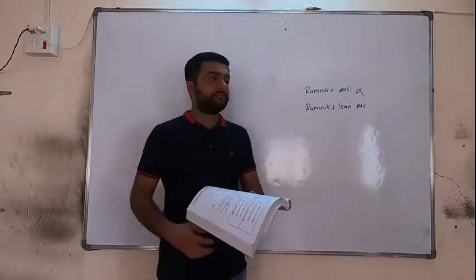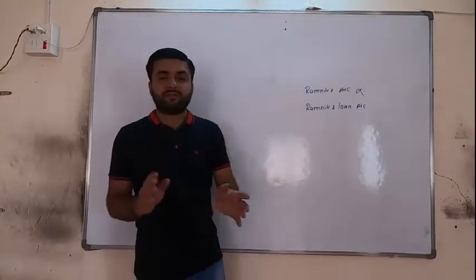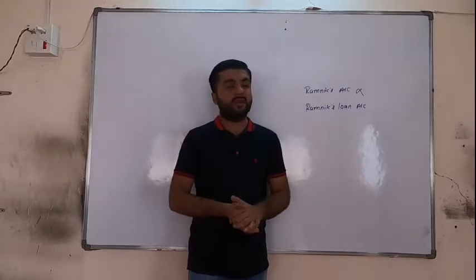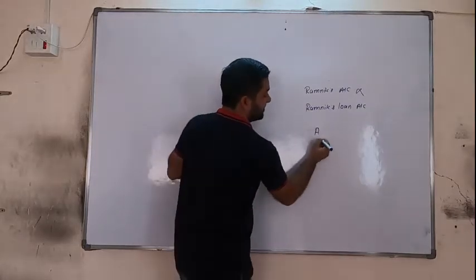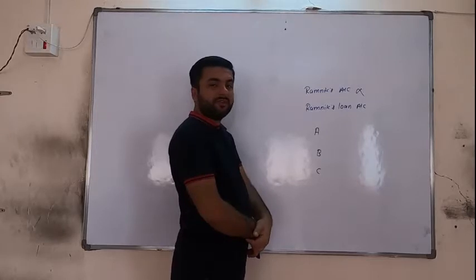Suppose we have 3-4 friends and we are doing business with them. Suppose we have 3 friends A, B and C. We are doing business with these 3 friends.